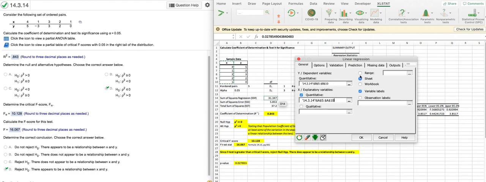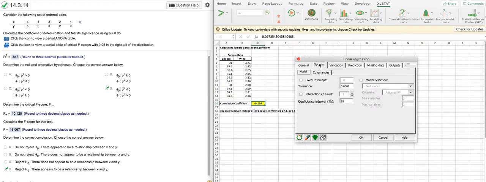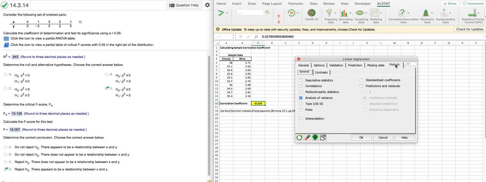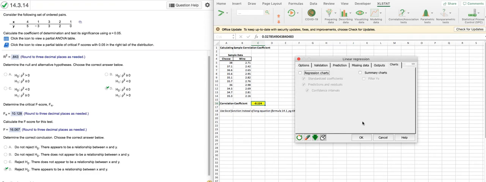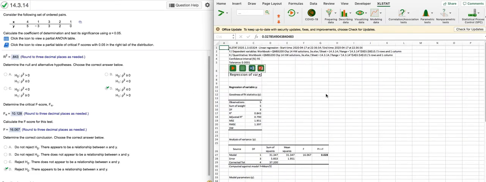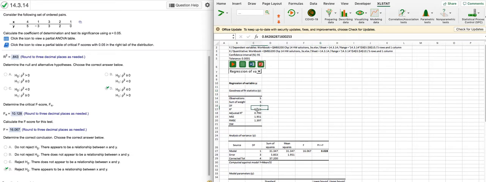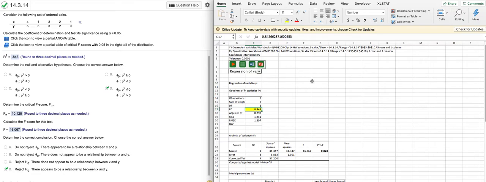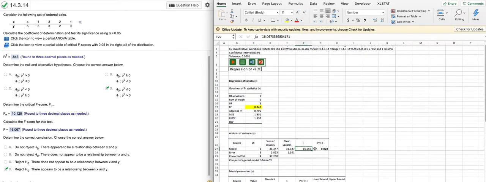We have the output going on a separate sheet, with a confidence interval of 95. Make sure that our output is just the ANOVA table and that there are no charts. I'm not going to use any charts right now. With XLStat, we come to the same conclusions. You can see that the R squared coefficient of determination is 0.843 again, and our F statistic down here is 16.067 as well.